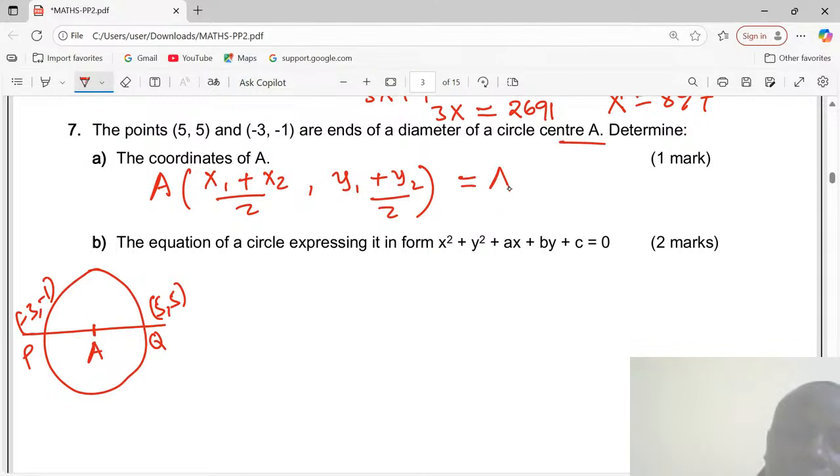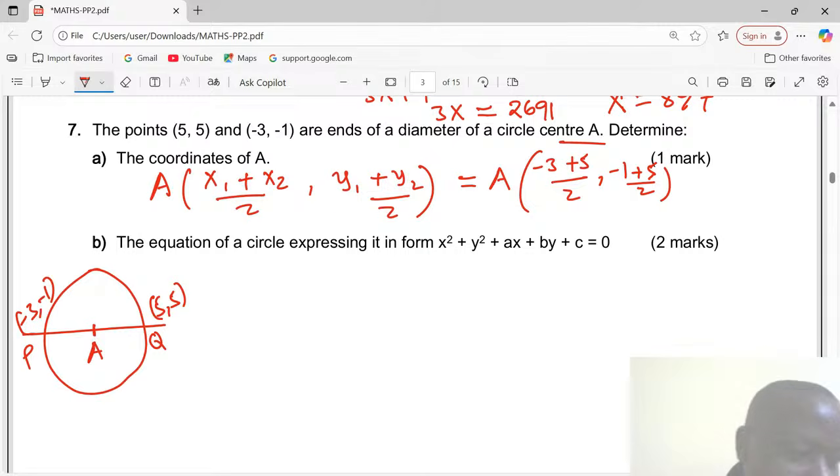So the coordinates of A shall be: we take -3, add 5, and divide by 2, comma, we take -1, add 5, and divide by 2. Therefore, the coordinates of A shall be 1, then 2, because this is 2 over 2, which is 1, and 4 over 2, which is 2. That is the coordinate of point A.